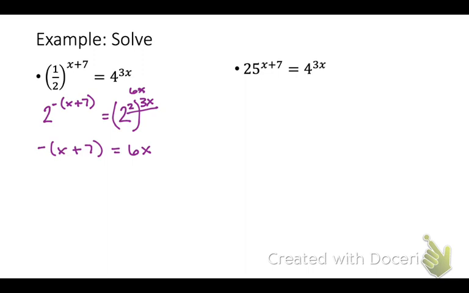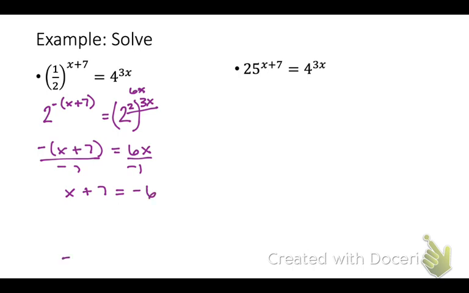Minus the x. Distribute. Okay, you can distribute or you can divide. I personally would divide by -1. Because then I don't have to distribute a negative, right? So I have x plus 7 equals -6x.